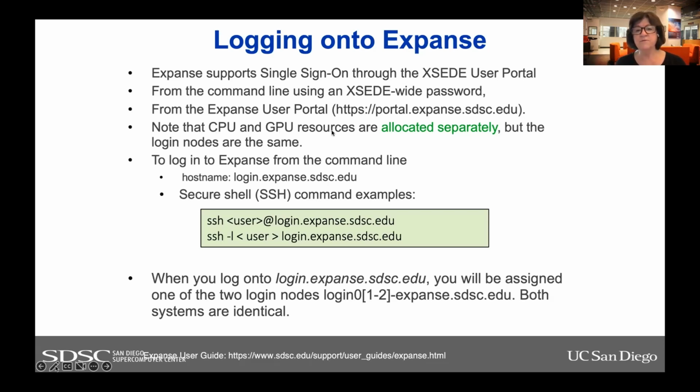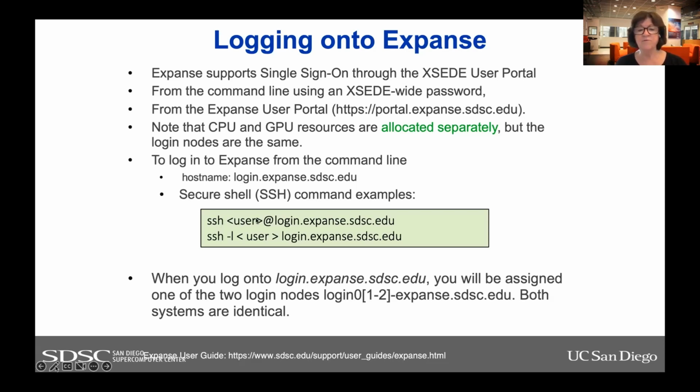CPU and GPU resources, note that they are allocated separately. So if you don't have them both, you'll have to apply for an allocation. But the login nodes are the same to get onto the CPU and GPU. To log into Expanse, the host name is login.expanse.sdsc.edu. I already saw a student helping another student to clarify that information.